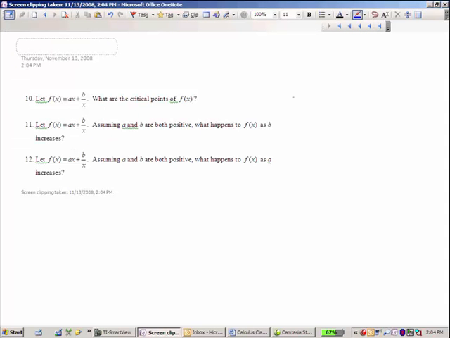I don't even know what that is up there. All right, so if we look at 10, ax plus b over x is a family of some type of function. I actually don't know what kind of function that is. The ax looks like linear, but the b over x?